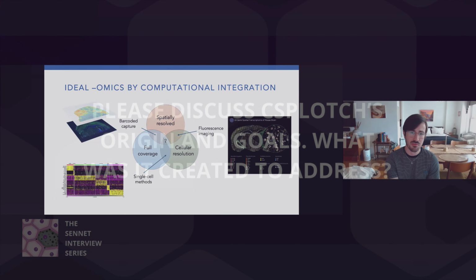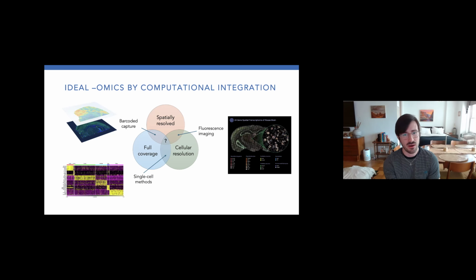Some of the things that we look at: our ideal way to get at this is if we had a perfect spatial modality that was spatially resolved, obviously, so we could see what's happening in space for this pathology, that had cellular resolution, so we can pinpoint individual cellular drivers, and that had full coverage of the transcriptome or proteome or whatever ome is being considered.